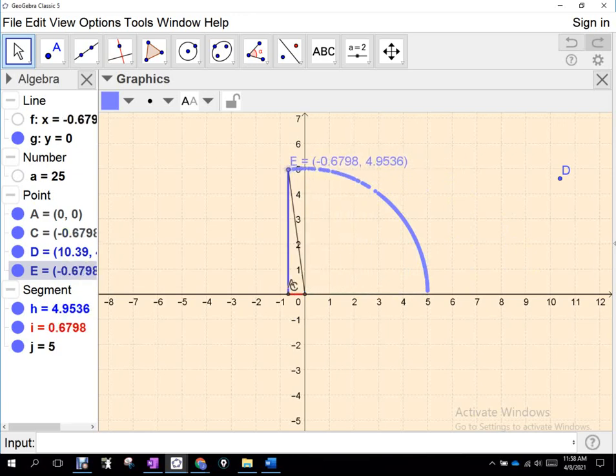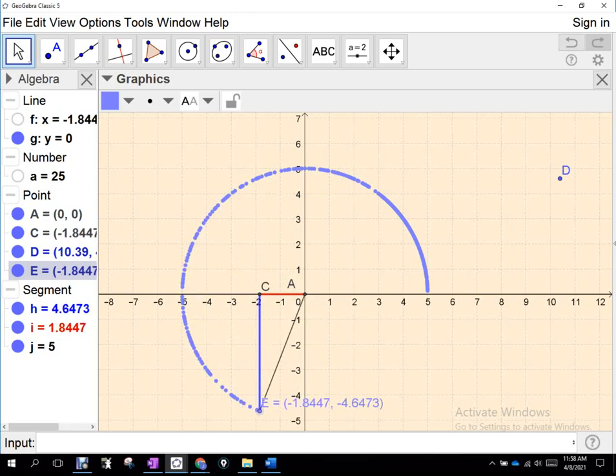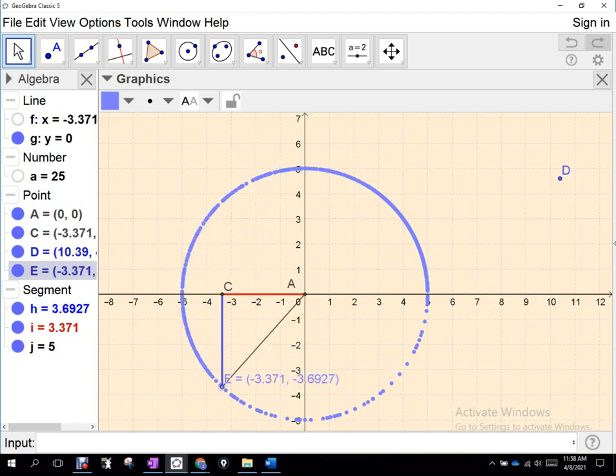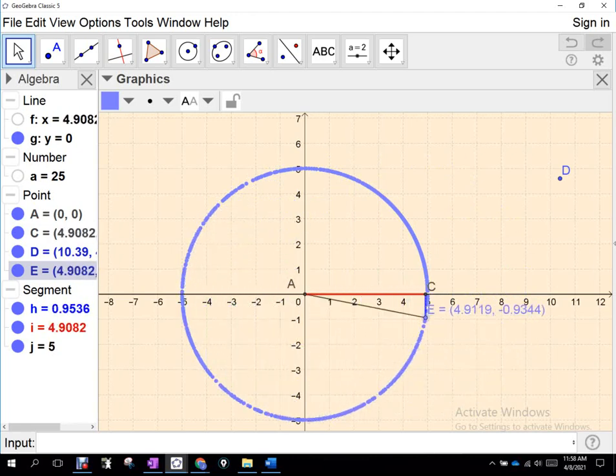If I keep doing this, no matter where E goes in either quadrant, and I trace all the possible positions of E, what do I end up tracing out here? A circle. So what that tells us is that a circle is defined by this triangle. It's defined by the Pythagorean theorem that we just went through.